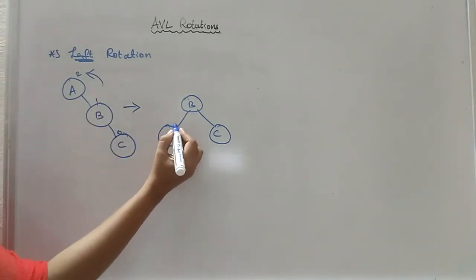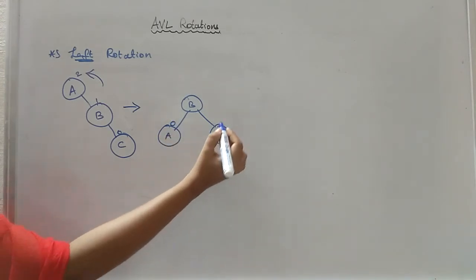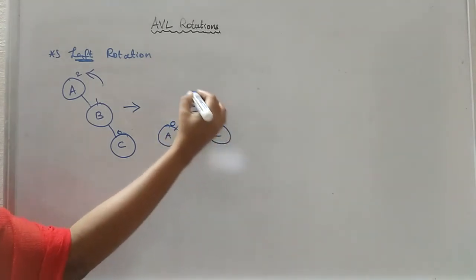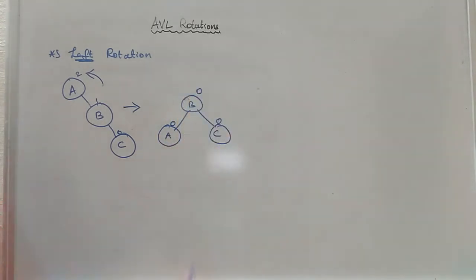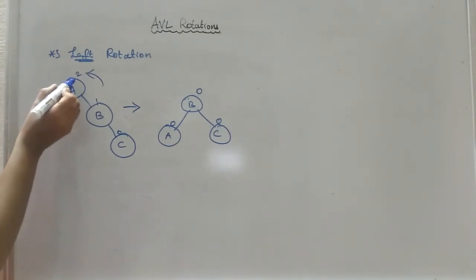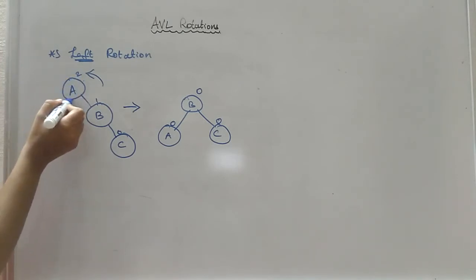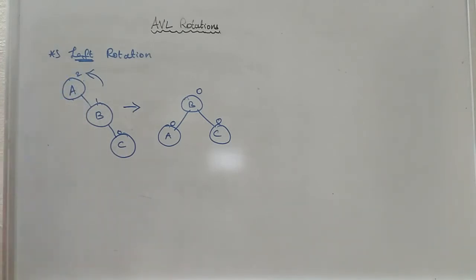If you calculate the balance factor, A is 0, C is also 0, and B is also 0. How have we rotated? We simply shifted this node towards the left. So this type of rotation is called a left rotation.